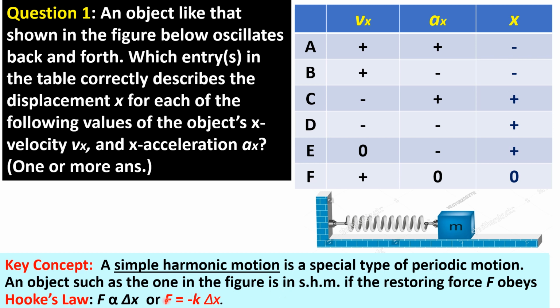So the direction of the force must be the same as the direction of the acceleration. So it is based on this Hooke's law formula where we can describe the relationship between the acceleration and the displacement x. What do you think is or are the correct answers?